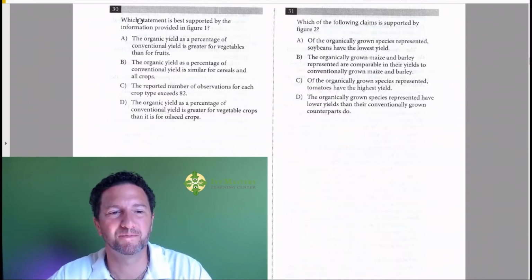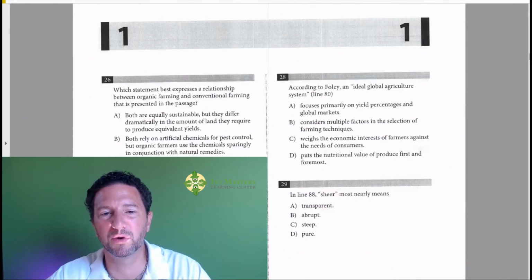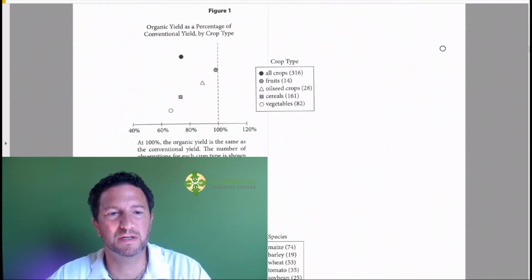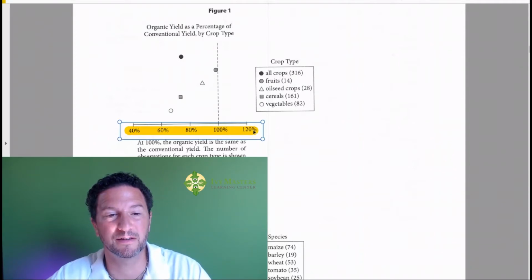30 reads, which statement is best supported by the information provided in Figure 1? So we go to Figure 1. And in Figure 1, what do we see? Organic yield as a percent of conventional yield by crop type. Notice there's no label for a vertical axis. There's only a label for a horizontal axis, which is the percent.